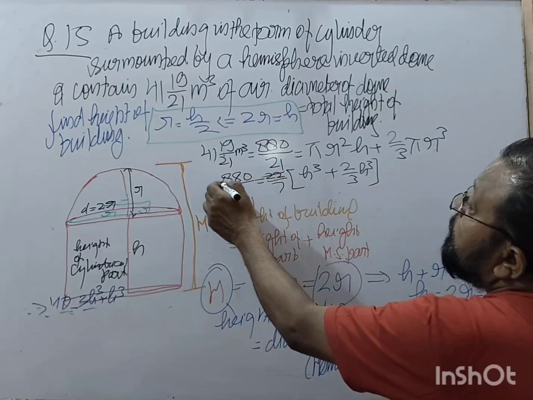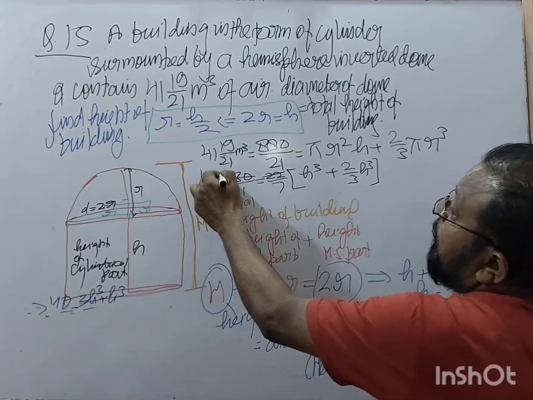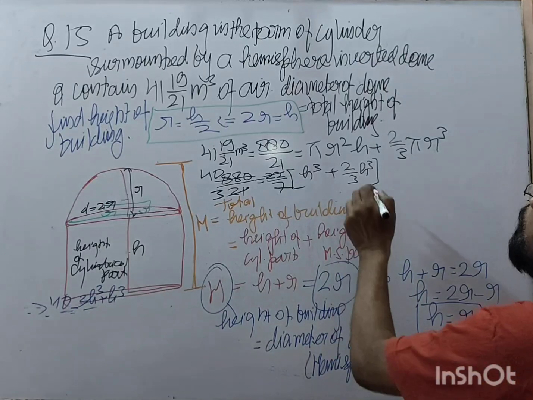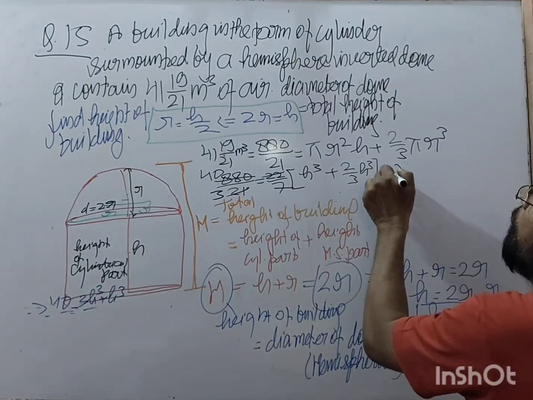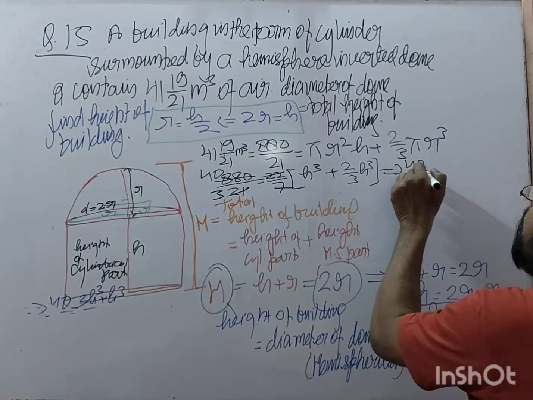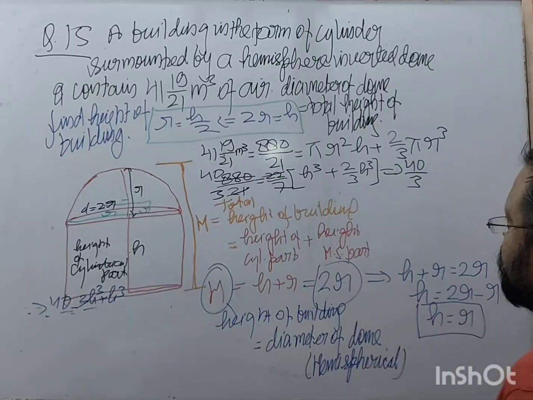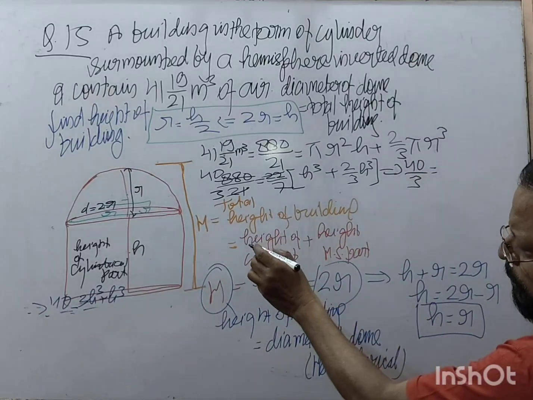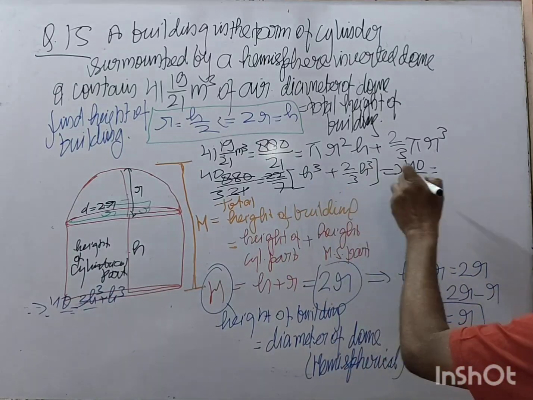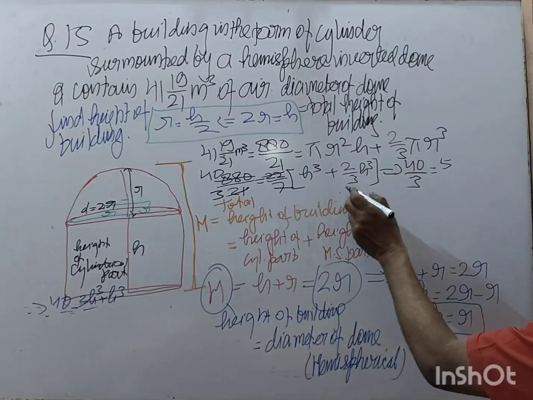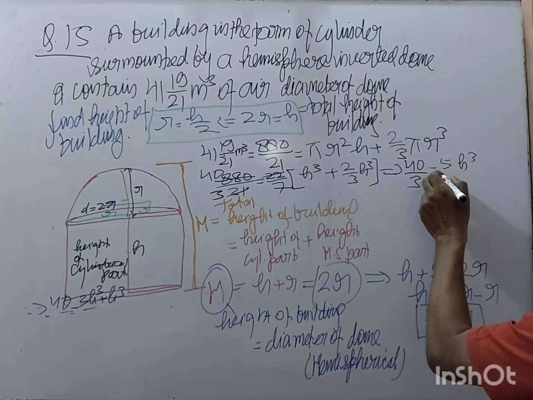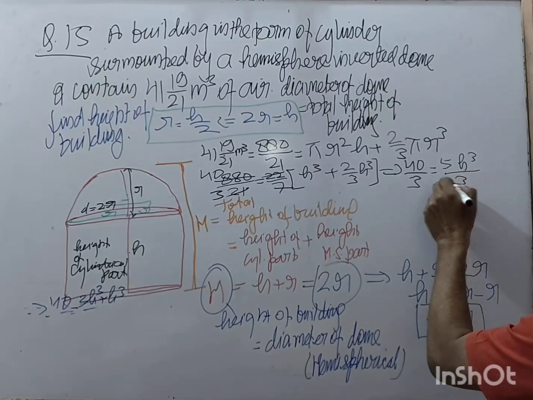This is 40 upon 3 is equal to 5 h cube upon 3.